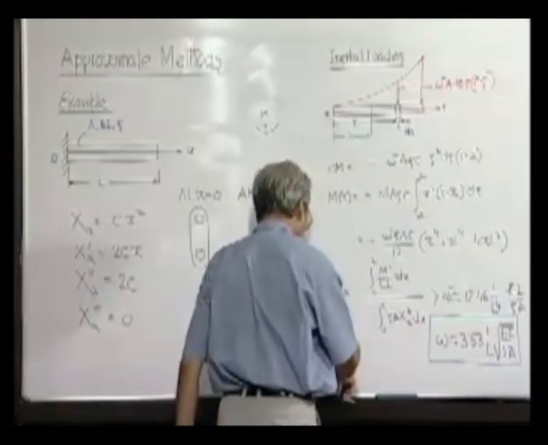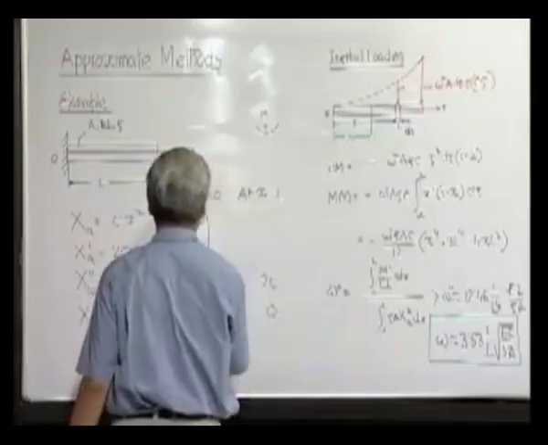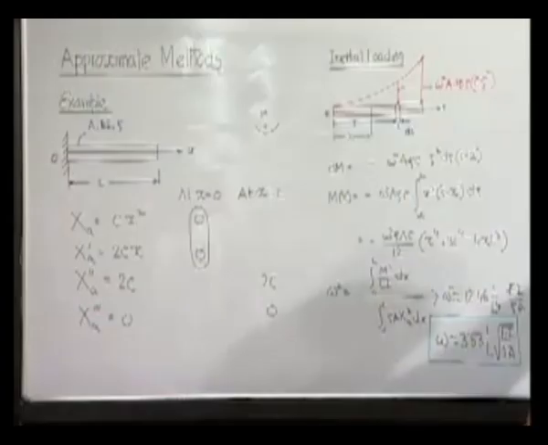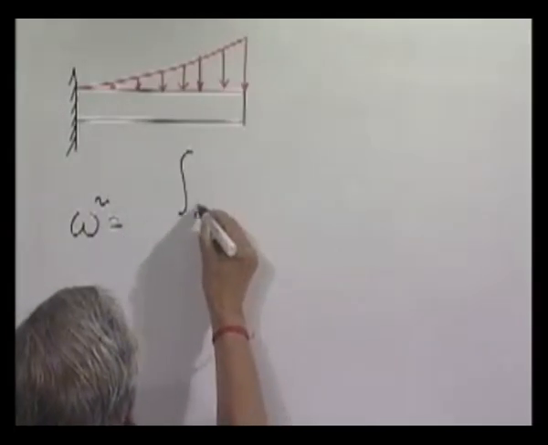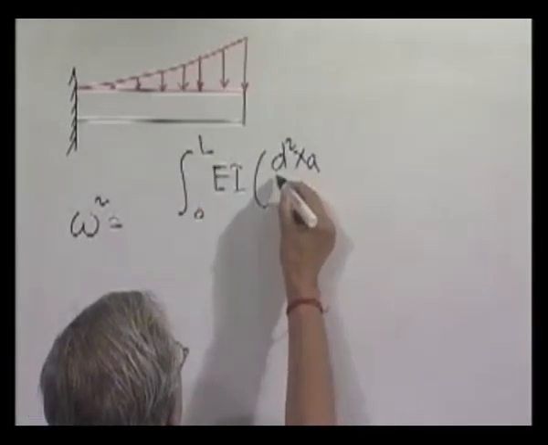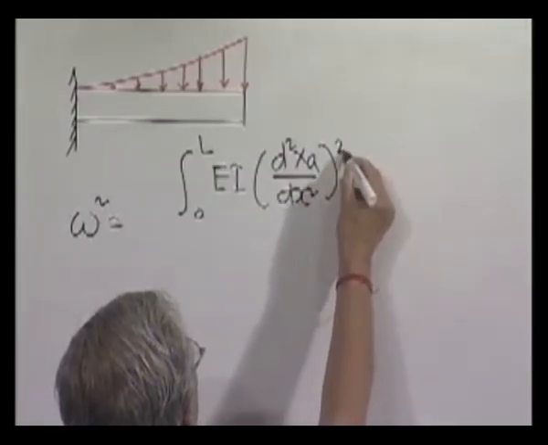Now, if we try with the same displacement function xa, just following Rayleigh's method, what do we get? Omega square is simply integral from 0 to L of EI into d2xa by dx square, squared.